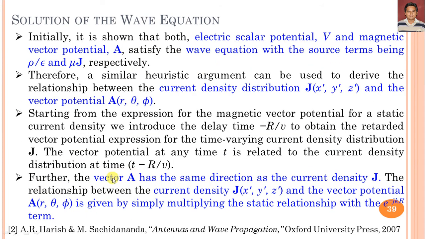The vector A has the same direction as the current density J. The relationship between the current density J and the vector potential function A(r, theta, phi) is given by simply multiplying the static relationship with the e to the power minus j k r term.